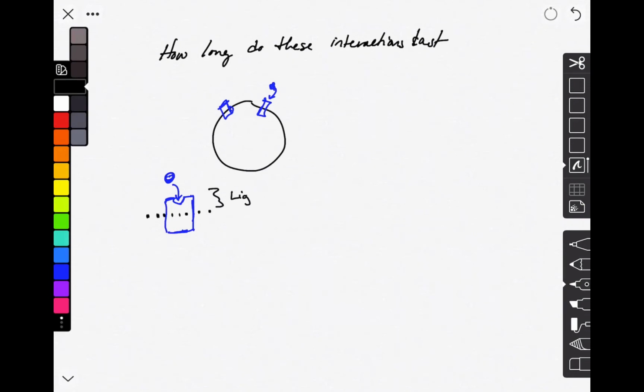They have a ligand binding domain. This binds the hormone. And they have a functional domain. And this does whatever the hormone does when it binds that cell.